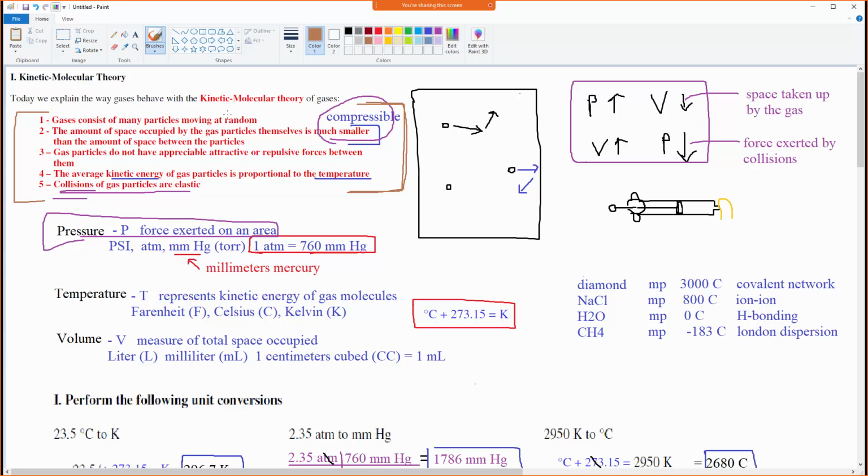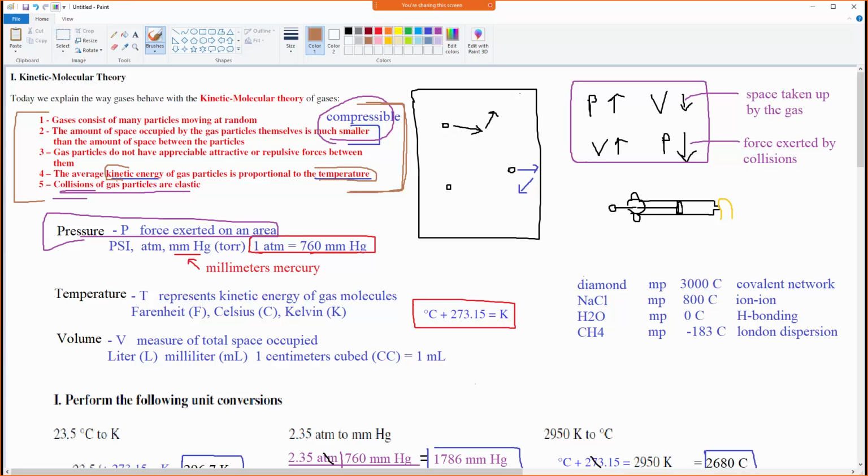So if we've got temperature and pressure, again, it doesn't say a lot about pressure except that collisions are pressure. We know that. But it does say this about temperature, right? The kinetic energy is proportional to the temperature. That's the movement energy. Nicole, exactly right. As you increase the temperature, the particles have more kinetic energy. They move faster.